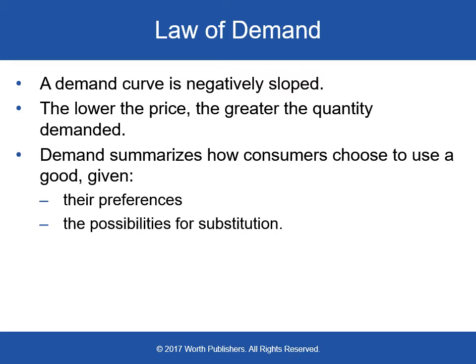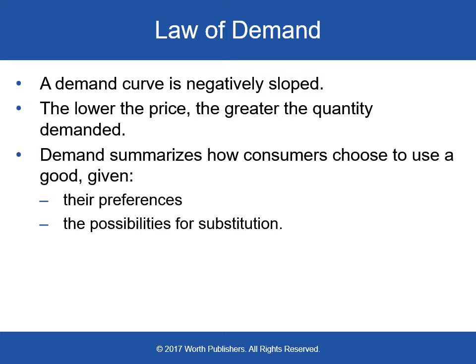So, for example, if we lived in a world where there was no other way to get energy except for oil, you would expect that the demand for oil would be relatively high, no matter what the price was. Even if the price was very high, we'd still have a very great demand for oil if there's no other source of energy.